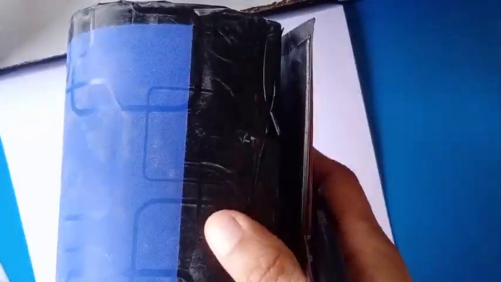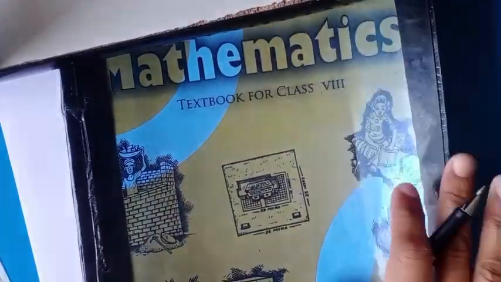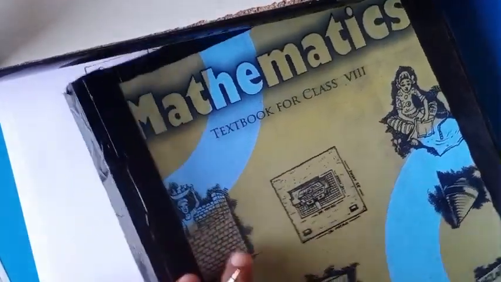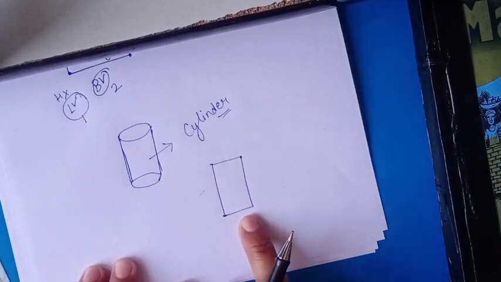This is called a cylinder. Now when we cut this cylinder from here, we get a surface. Which type of surface is this? This is a type of rectangle.